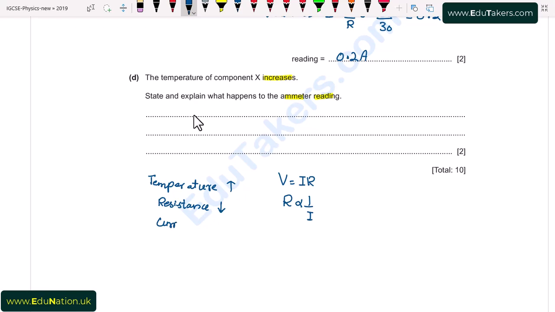I write here current increases, and the current is measured with the ammeter, so the ammeter value increases, or the ammeter gives a greater reading. So we can simply say that by increasing the temperature of the X component, the reading on the ammeter increases. I write here resistance of thermistor decreases.